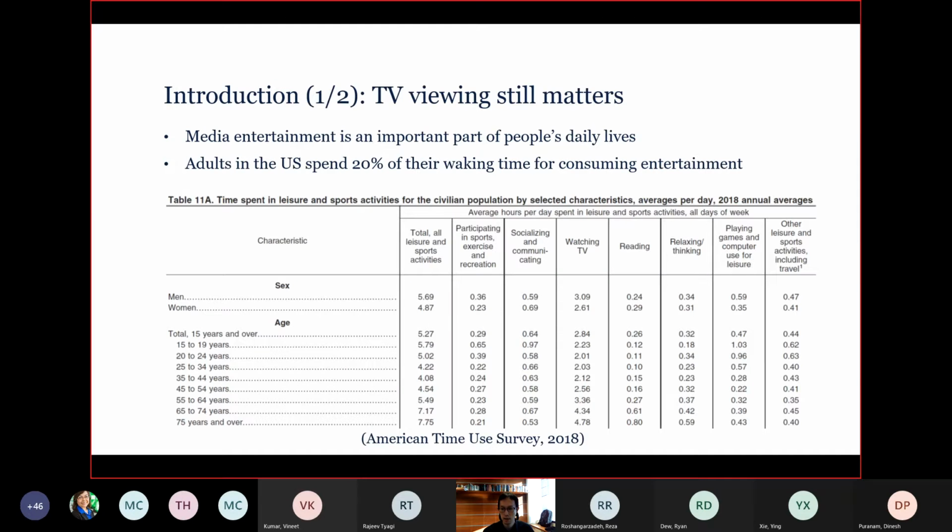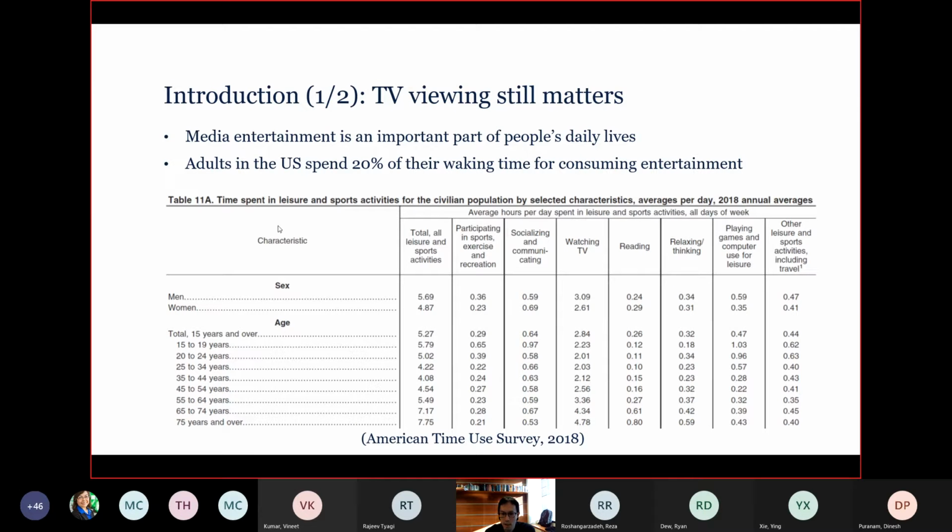The motivation of this paper is that TV viewing is still very important. Media entertainment is an important part of our life, and we spend a lot of time watching TV. The table I have here in the slide is coming from the American Time Use Survey in 2018.